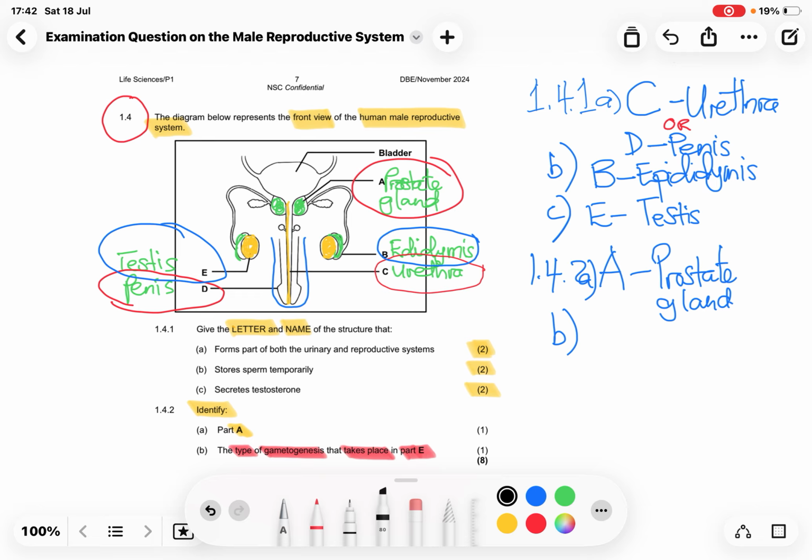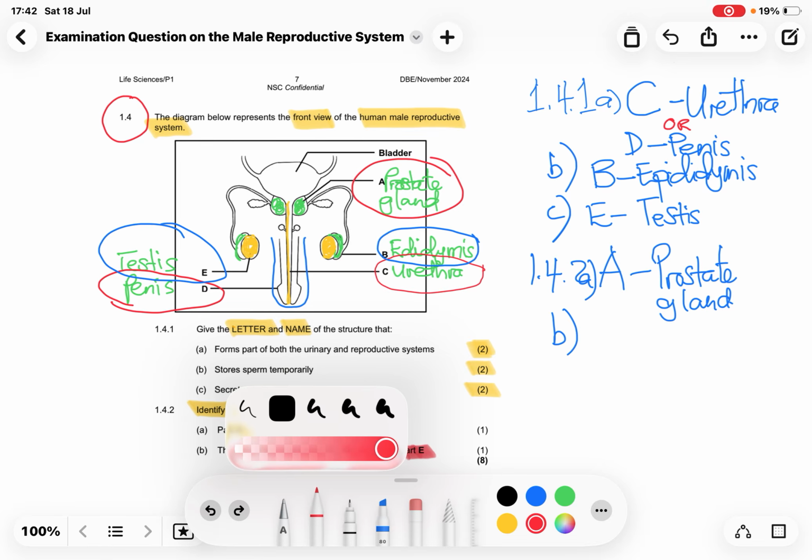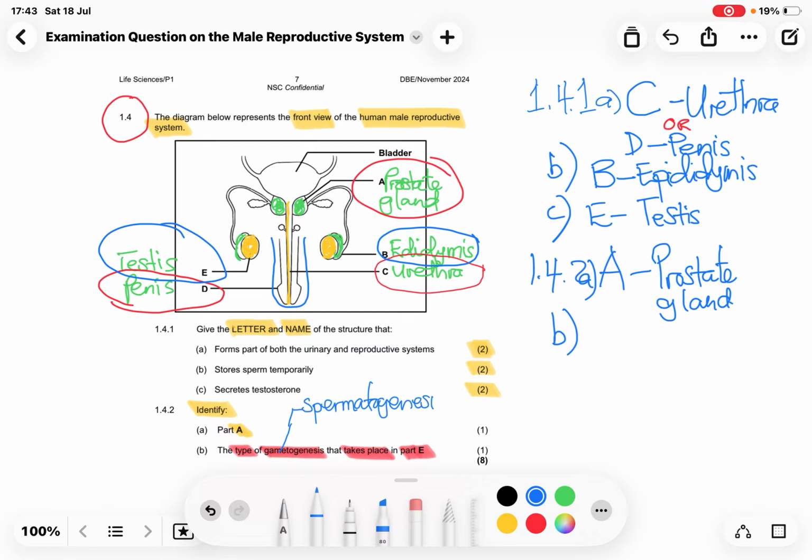All right. So we have, let me use blue, gametogenesis here. We have two types. We have spermatogenesis and we also have oogenesis.